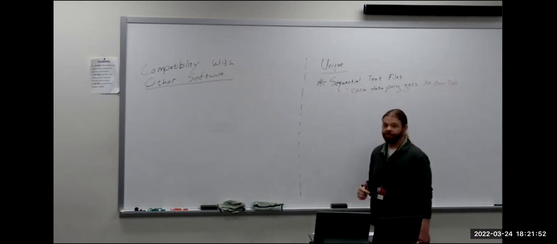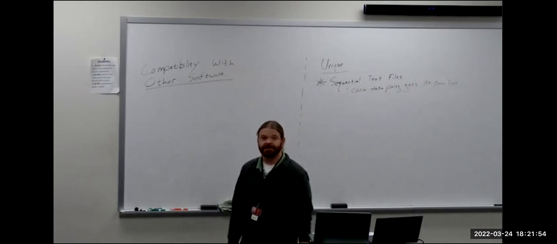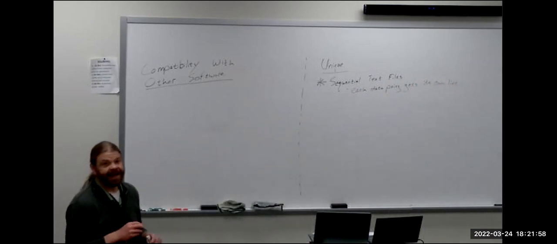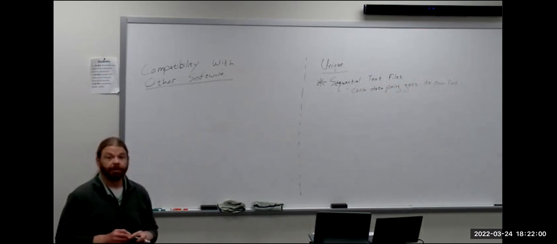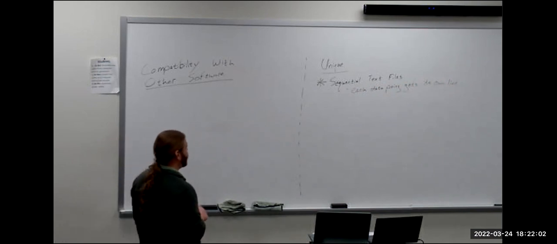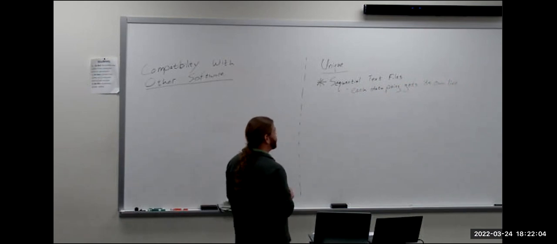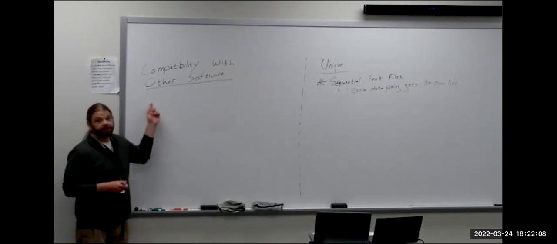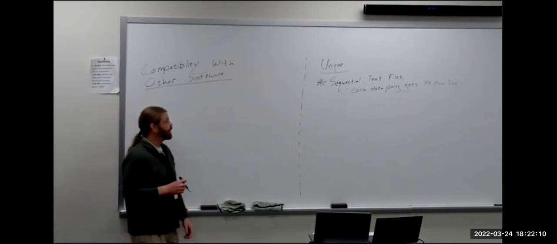So for every data point we have in our software, we're going to write it on one line. And then when we need to retrieve that data, we'll just read it back in the same order we wrote it in. Works great if the same software is reading it, is working with it. But if we need it to work with other software, that could become an issue.